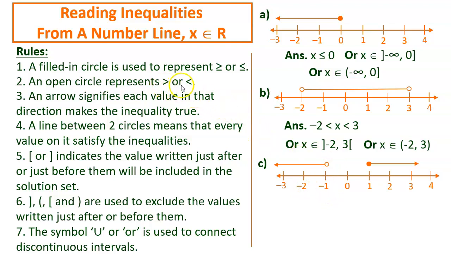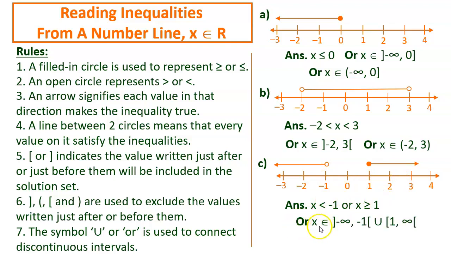It will be a case of less than, because the arrow is pointing towards the left, and over here +1 should be included. It will be a case of greater than or equal to. So the first notation is x is less than -1 or x is greater than or equal to +1. This or has been used to connect these two discontinuous intervals.